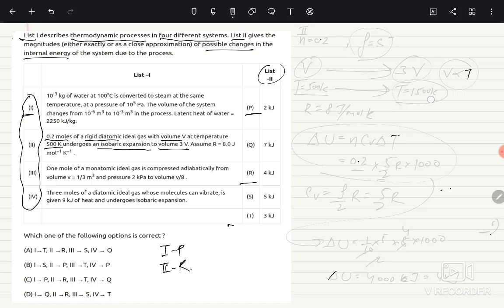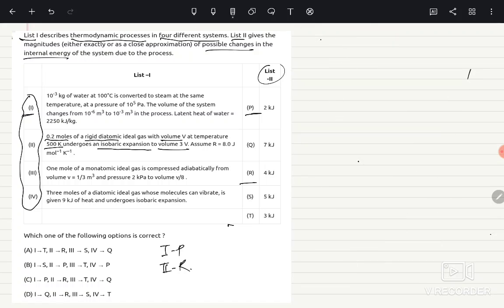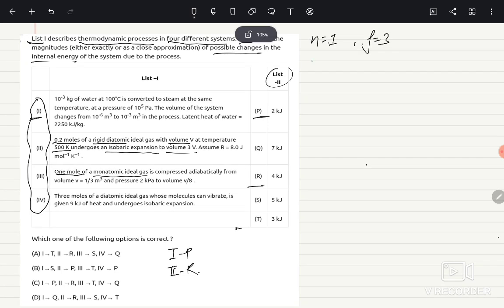So we move on to the third process: 1 mole of a monoatomic ideal gas, whose degree of freedom is 3, is compressed adiabatically from volume V1 of 1 by 3 and pressure of 2 kilopascal to volume V by 8. So V2 will be 1 by 3 by 8, which is 1 by 24. P2 we don't know.